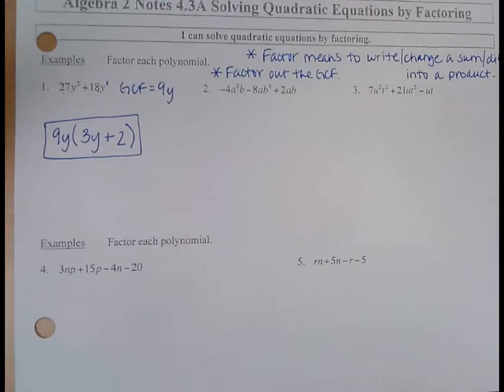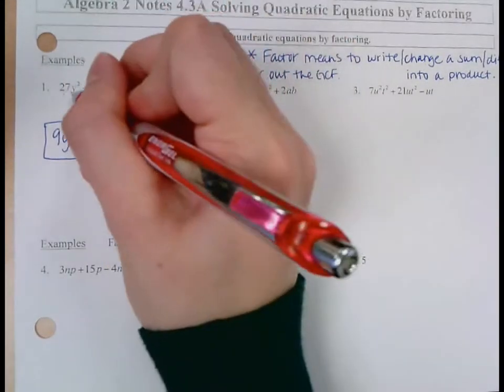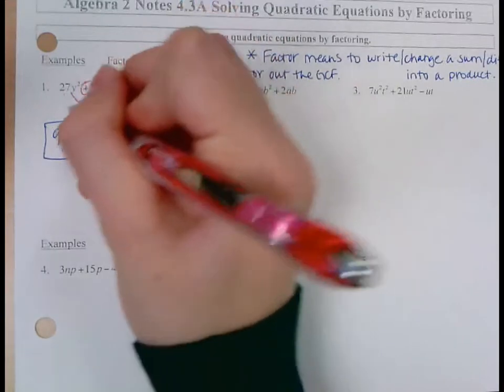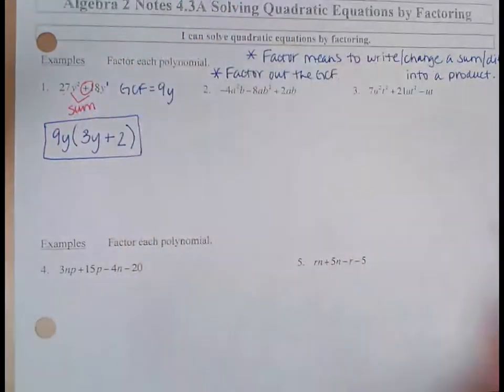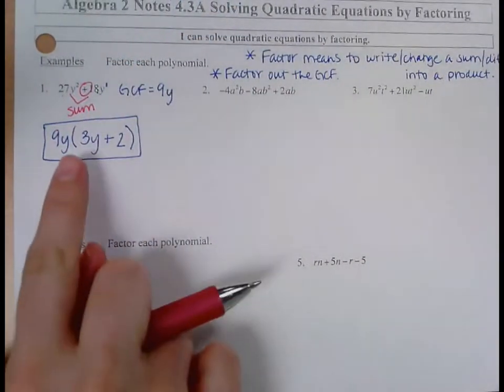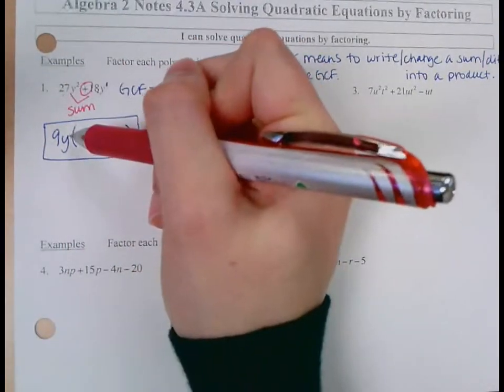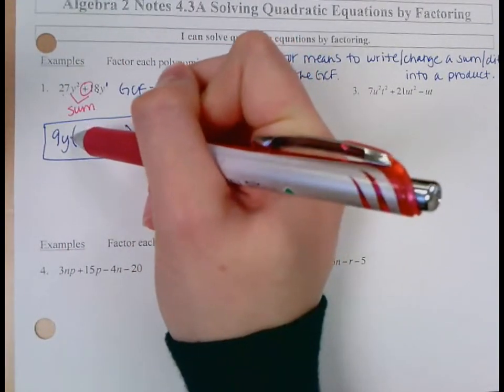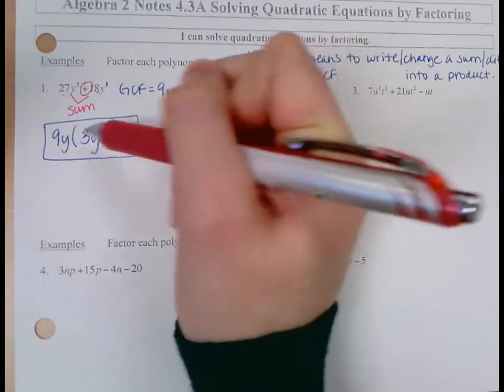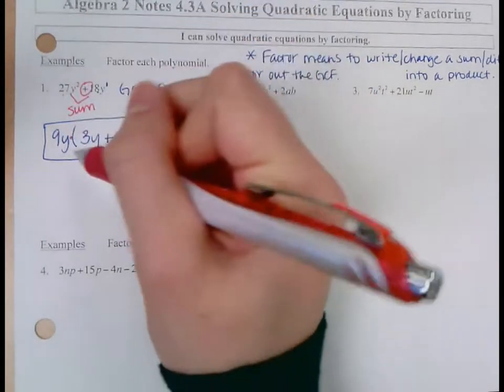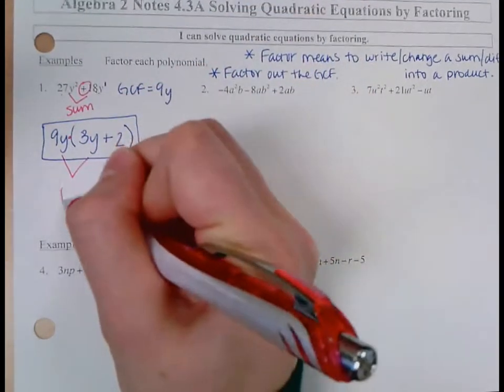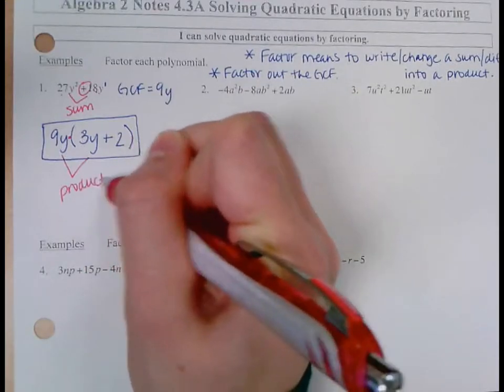What I want you to notice is we started with a sum of 2 terms, and now that it's factored, there's not a multiplication symbol written, but in between the 9y and this quantity in parentheses, we are multiplying. So we now have a product of two quantities.